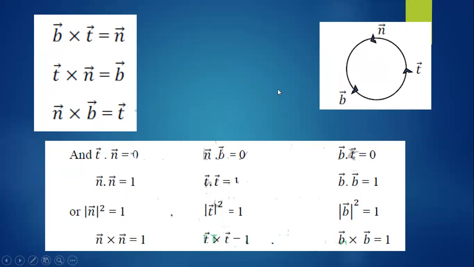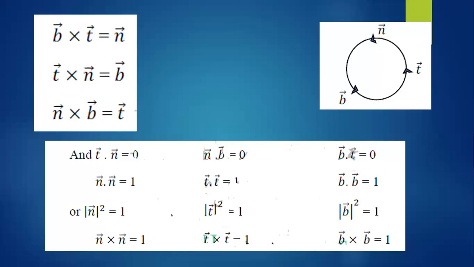So b cross t is equal to n, t cross n is equal to b, and in the same way n cross b is equal to t.